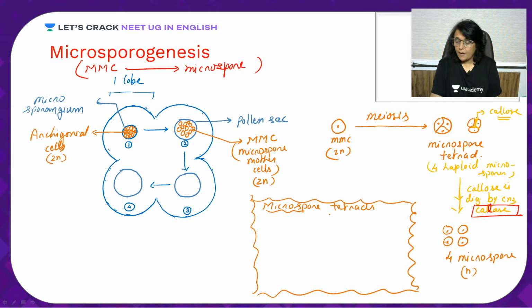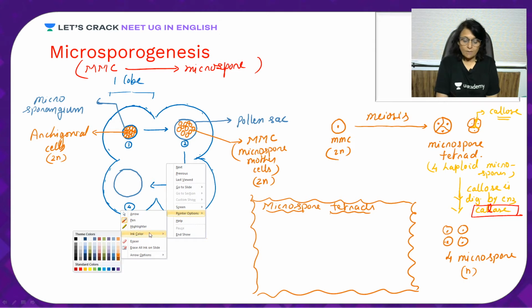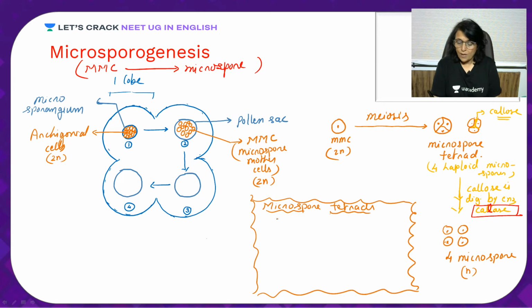There are various shapes or arrangements in which we can find these microspore tetrads. One which we have drawn already, where you are able to see 3 cells and the 4th cell is at the back of it. The second arrangement is where you are able to see all 4 cells. Then there is one arrangement where we are able to see all the 4 cells, like 1, 2, 3 and 4.